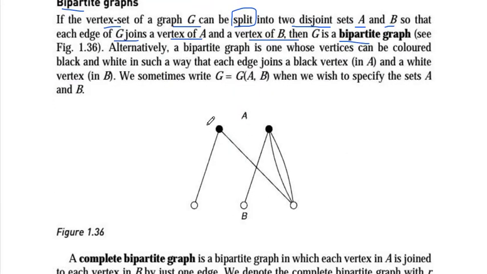Let's say the dark circles are the A set, and the blank vertices are the B set.